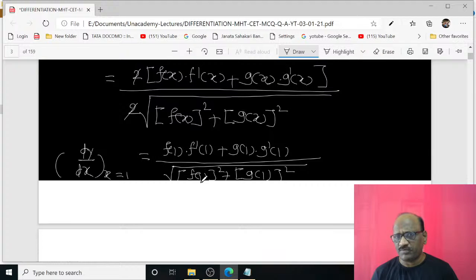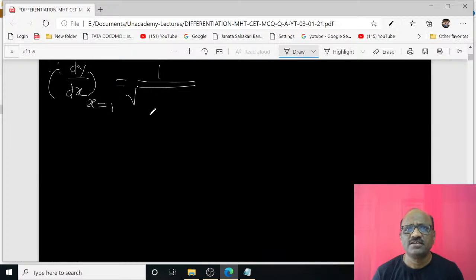The value of f of 1 is 3 and g of 1 is 4, that is 3 square plus 4 square. Therefore I will write 3 square is 9, and 9 plus 16.